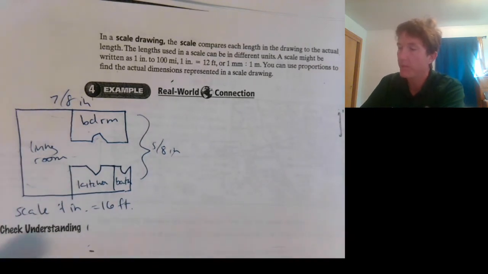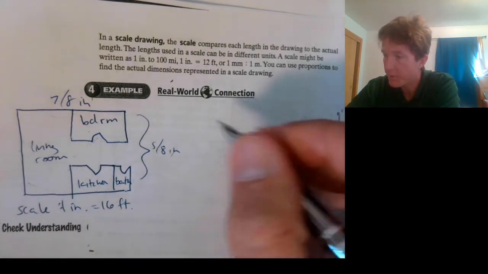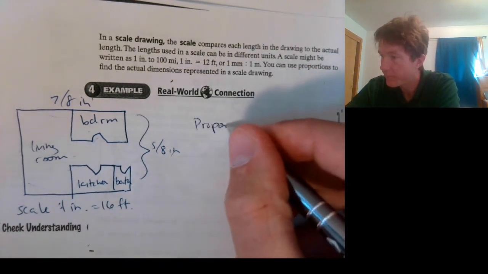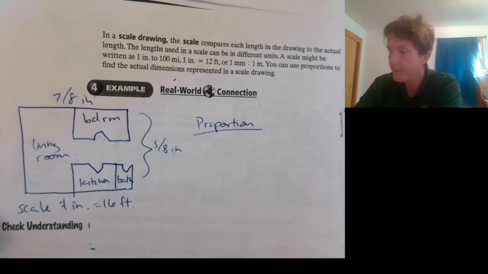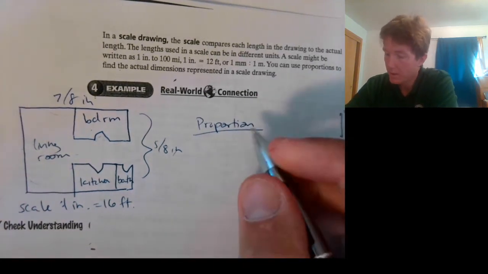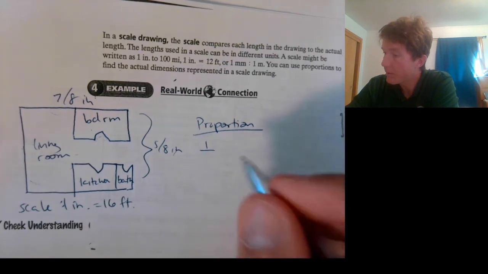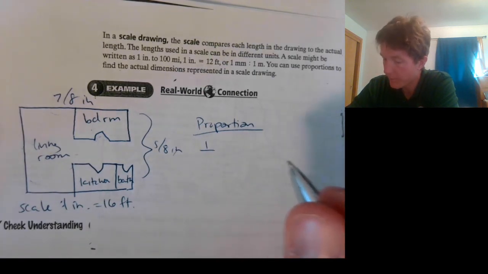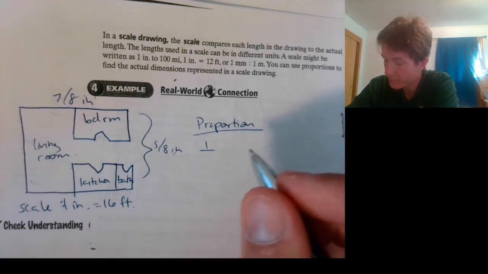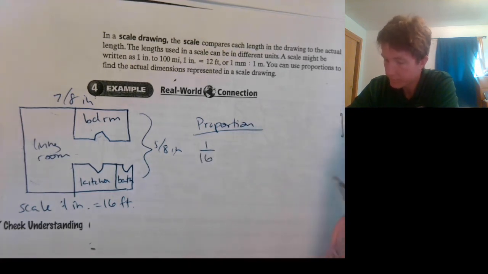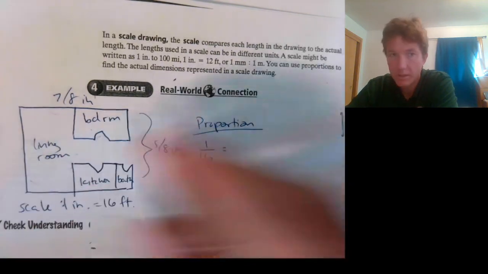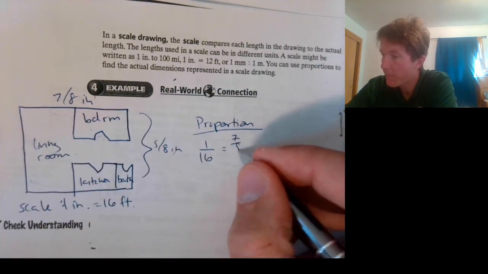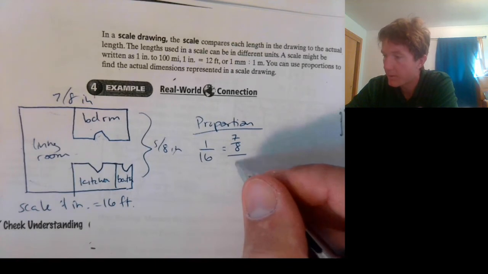Okay, and we know that 1 inch is equal to 16 feet. So let's make a proportion here. 1 inch equal to 16 feet. And I'm going to figure out how long the actual apartment is. I don't know how long it is.